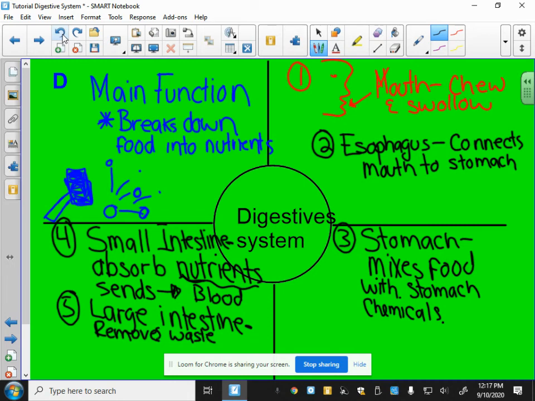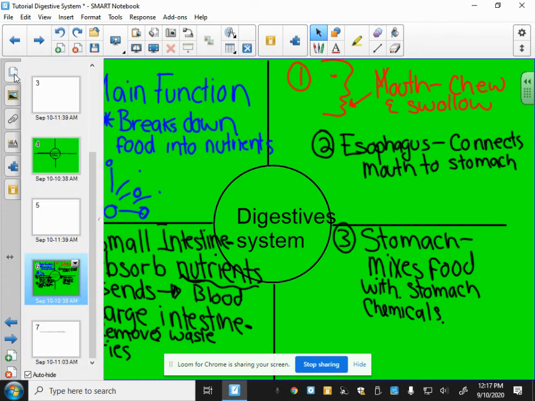It will remove those. And then it also dries all the waste. It kind of dries them out. All the extra water and chemicals get absorbed there for the last time. This is all the notes for the digestive system.